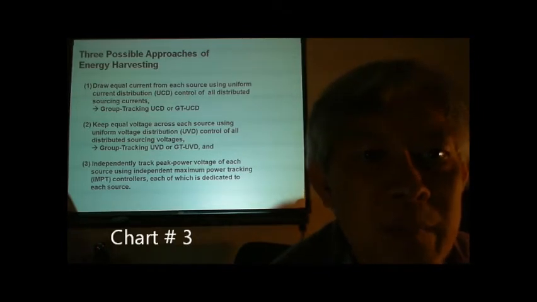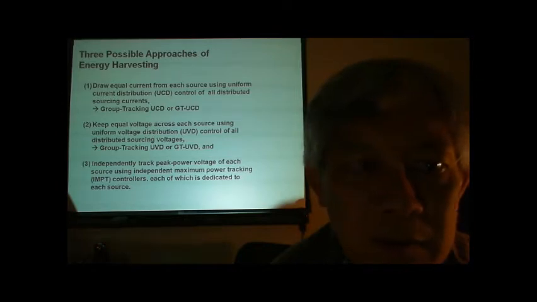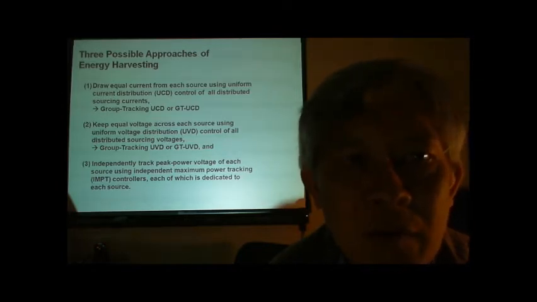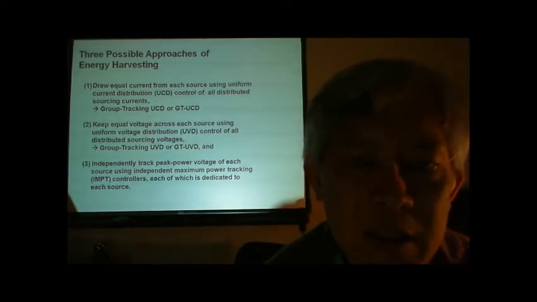There exist three possible approaches of energy harvesting. First, draw equal current from each source using uniform current distribution UCD. The control of all distributed sourcing current. Group tracking uniform current distribution or GTUCD.